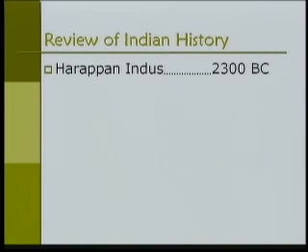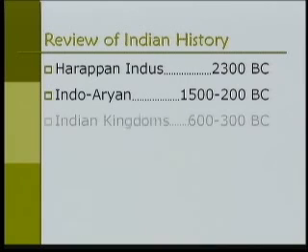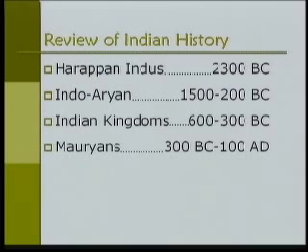We started with the Harappan Indus Valley civilization about 2300 BC. That's more than 2000 years before Christ, to be followed by the coming of the Indo-Aryans, or the Aryans, to India in about 1500 BC, putting an end to the Indus Valley civilization or Harappan civilization, to be followed by the Indian kingdoms and republics in India, both in the northeast as well as in the northwest.